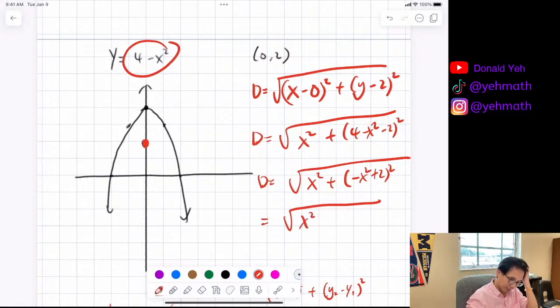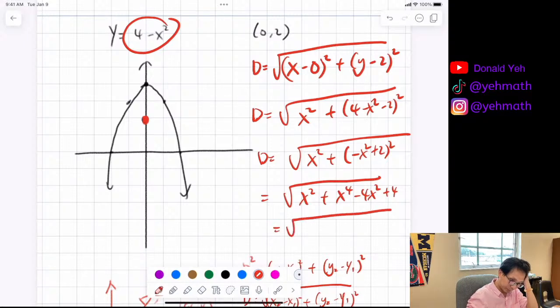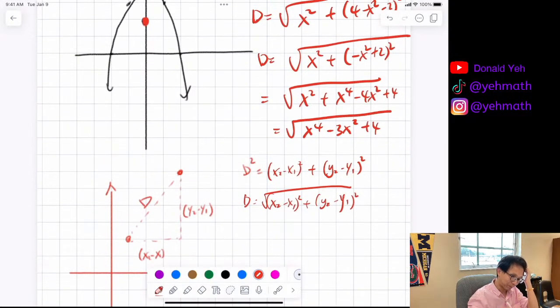That's going to be x squared plus x to the 4th minus 4x squared plus 4. Is that okay?